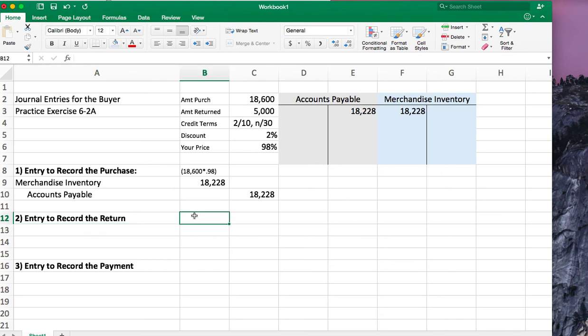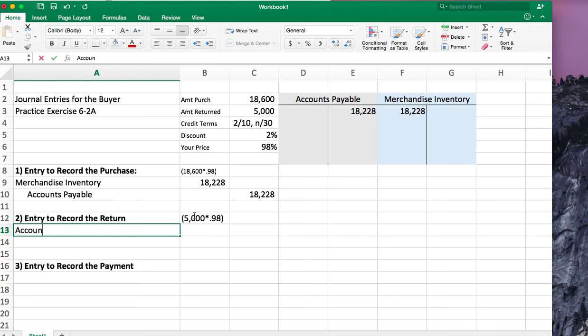Now we have to figure out our discounted price of that $5,000 inventory. So the first thing we'll do is you'll key in your calculator 5,000 times 0.98. Once again, you're going to flip journal entry number 1 when there's a return.